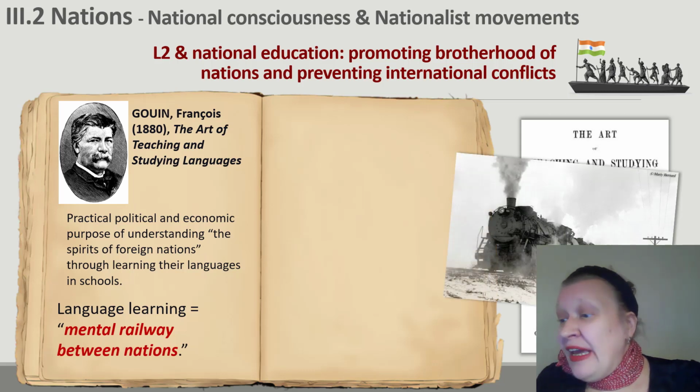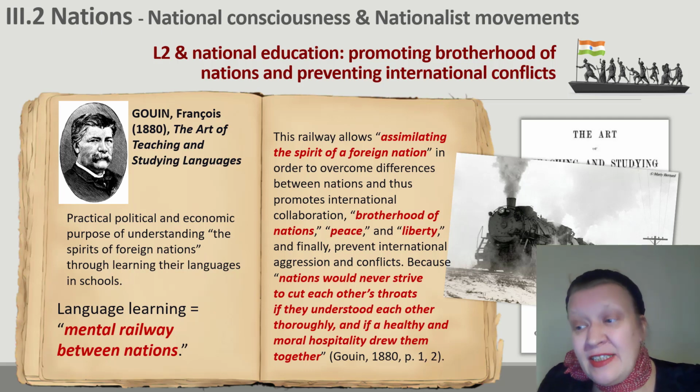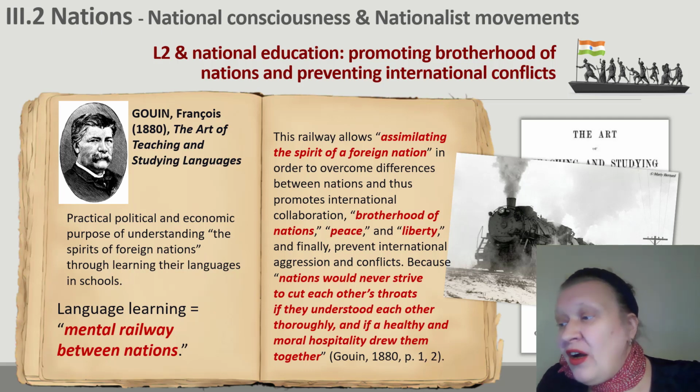This railway allows assimilating the spirit of a foreign nation in order to overcome differences between nations and thus promotes international collaboration, brotherhood of nations, exchanging their ideas and the fruits of their activities, peace and liberty, and finally prevents international aggression and conflict.